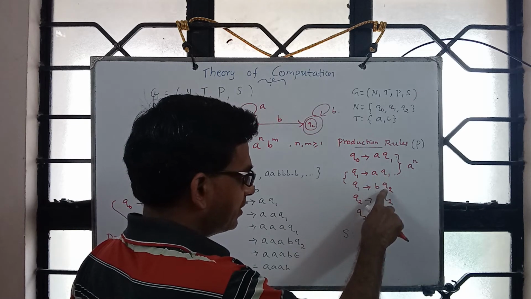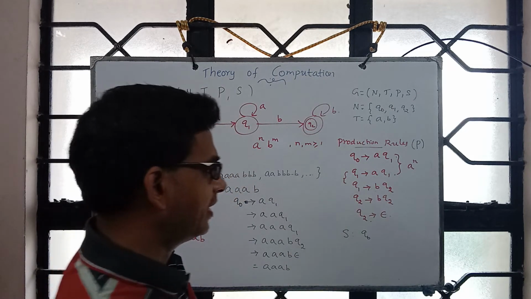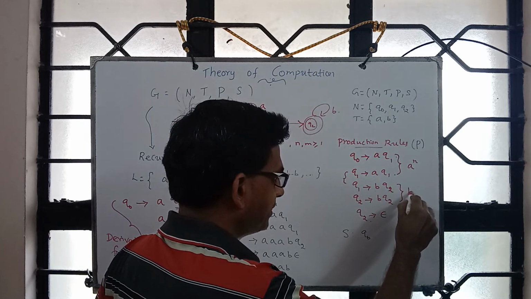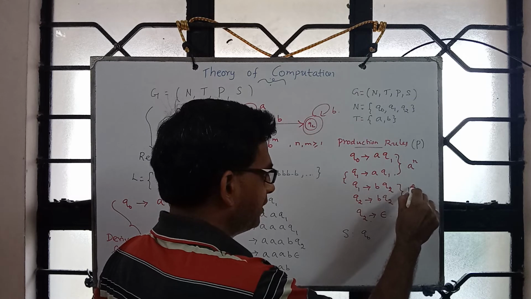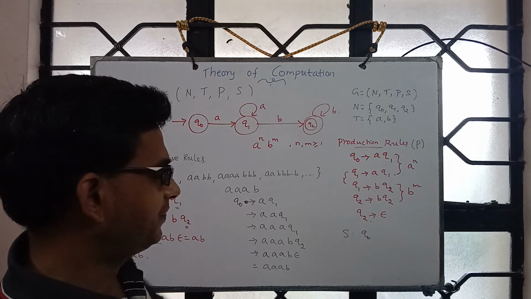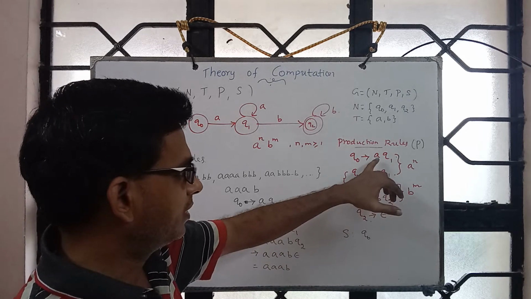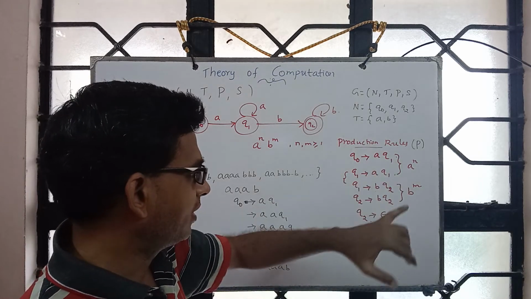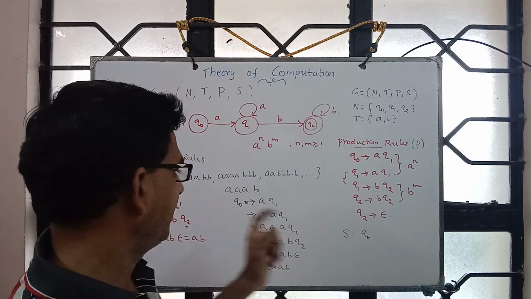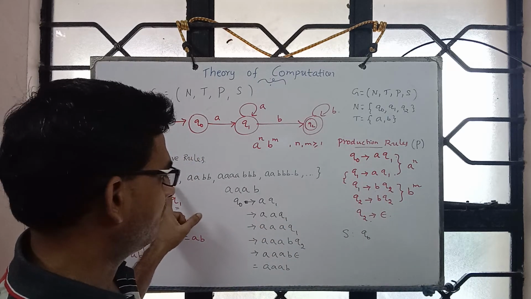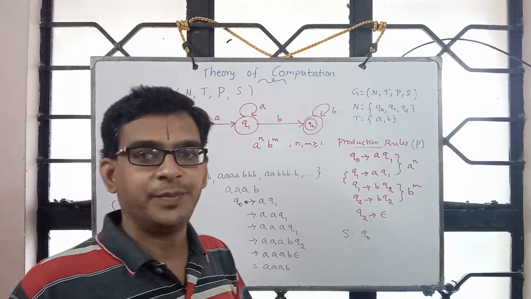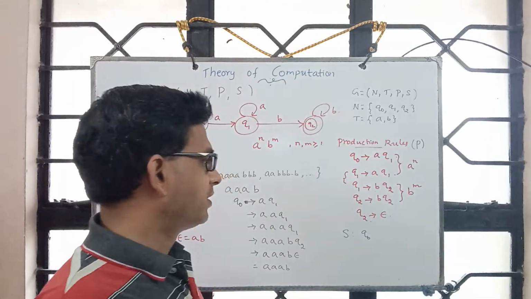Now from this I go here and start generating the first B followed by the remaining B's, and there is no relation between these two. So I write B power m, and with this we stop. This says at least one A and this says at least one B. So you get to see at least AB is there, followed by any string of the form A power n B power m. This is interesting.